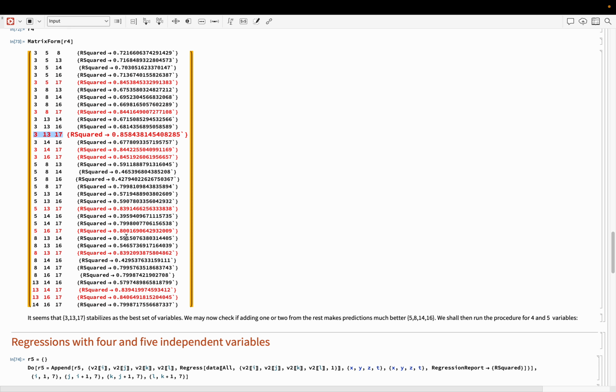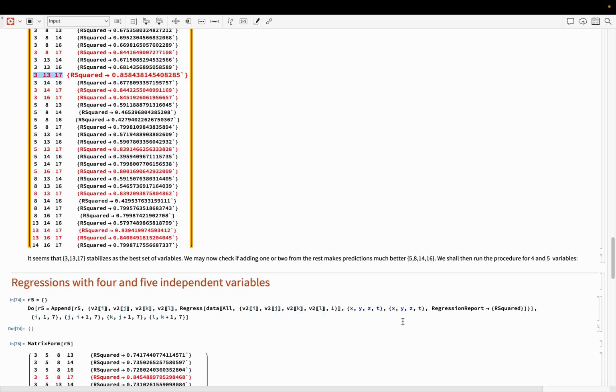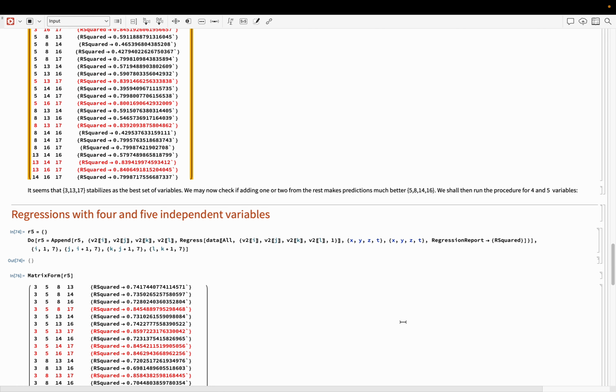It seems that this stabilizes on the set 3, 13, 17. However, we might check whether adding some variable from the other 5, 8, 14, 16 helps. So we proceed to analyzing regressions with 4 and 5 independent variables.